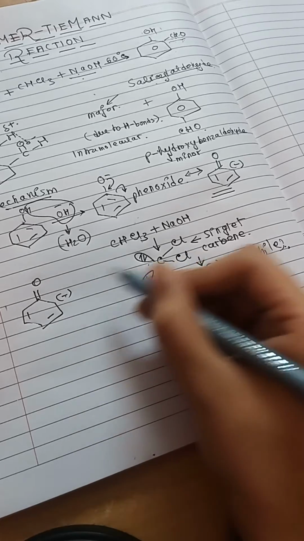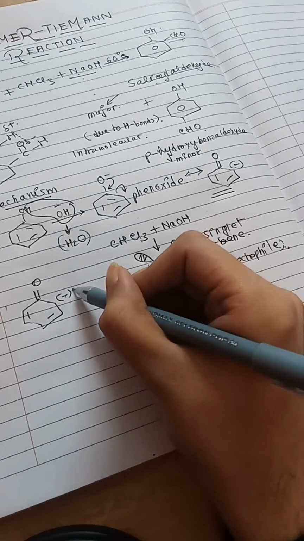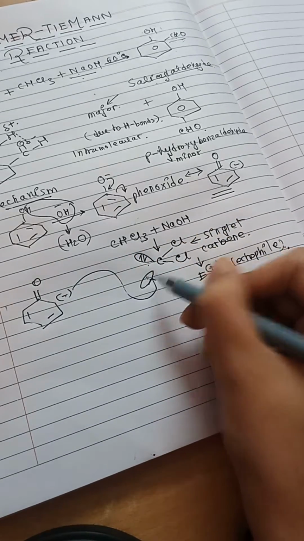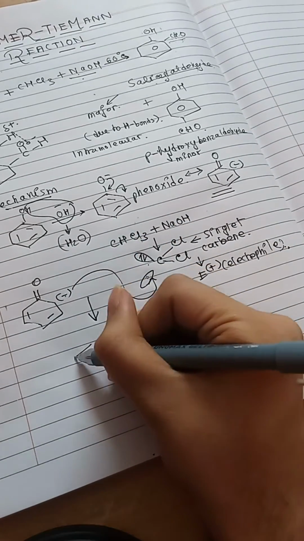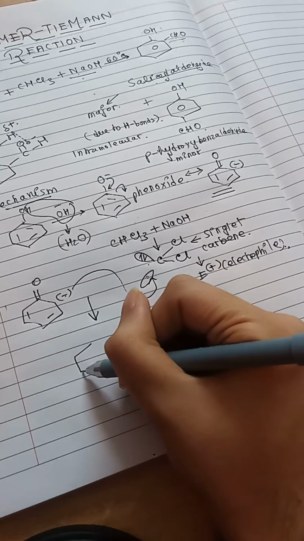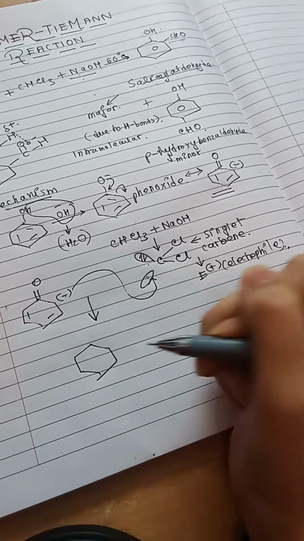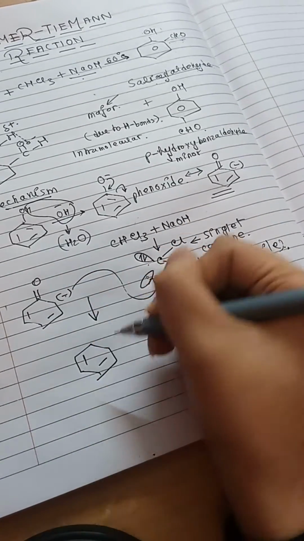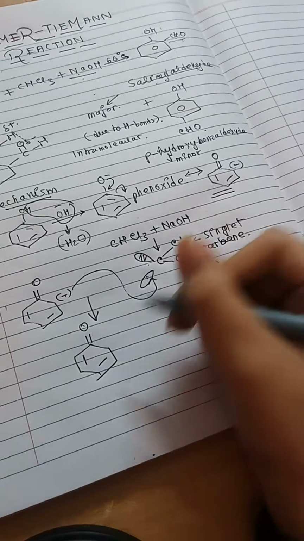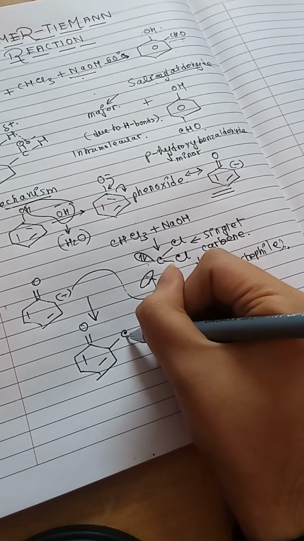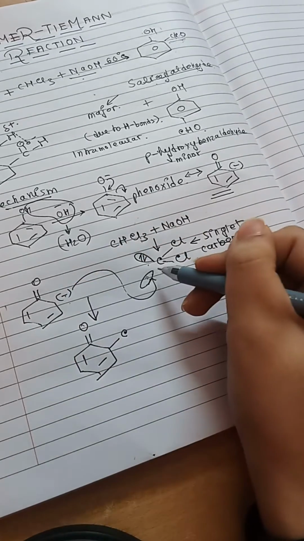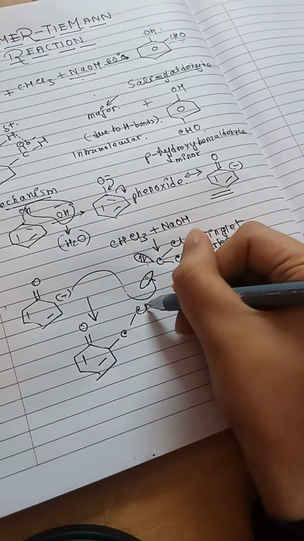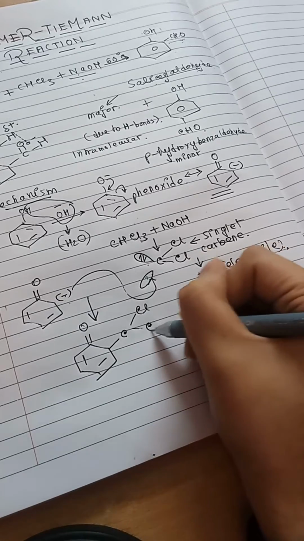So this negative charge will be donated towards this vacant orbital, right? And so we will get this, a carbon over here, because the negative charge has been donated. So it has formed a bond with this carbon, and two chlorine atoms.